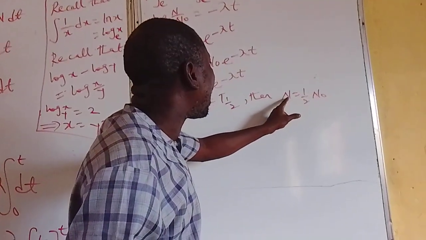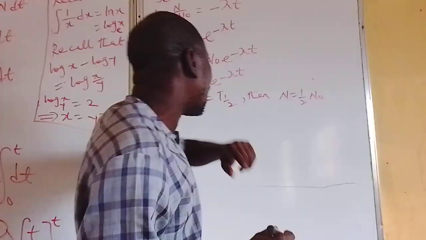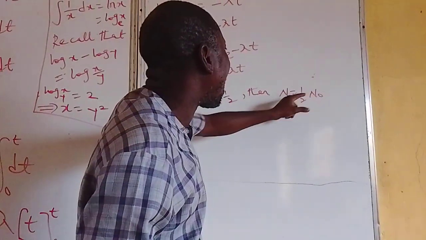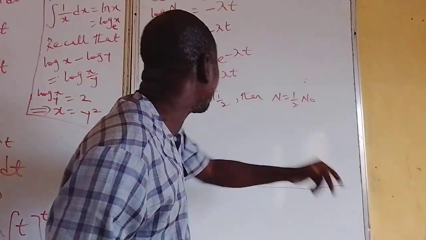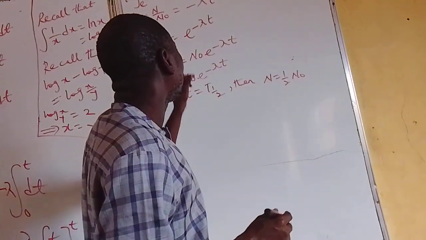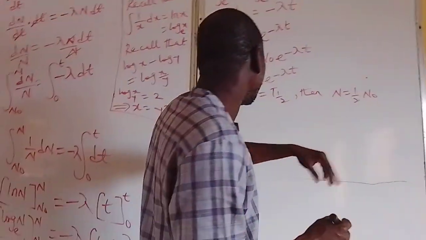So that means the amount left will be half the number of original material. That is the reason I've written N equal to half N naught. That means half of the original material is left after half-life, because half-life is the time taken for half the number of original atoms present to decay or disintegrate.